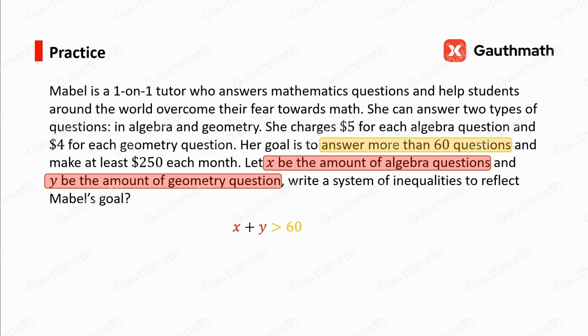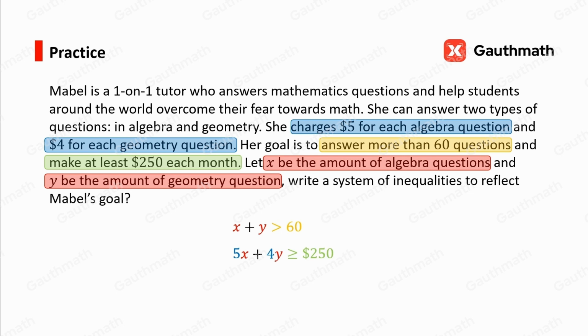And then she charges $5 for each algebra question and $4 for each geometry question, and she wants to make at least 250. At least gives us greater than or equal to. So greater than or equal to 250.